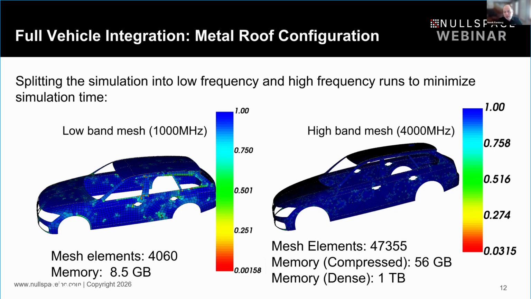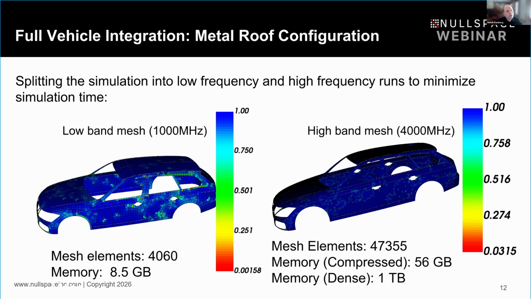Because when we increase the frequency and mesh this car at 4 gigahertz, the mesh length is lambda over 5 at 4 gigahertz. You get much more mesh cells. And if you were going to run this with a dense solver, it would take 1 terabyte.